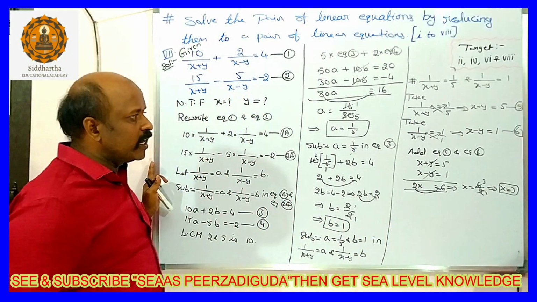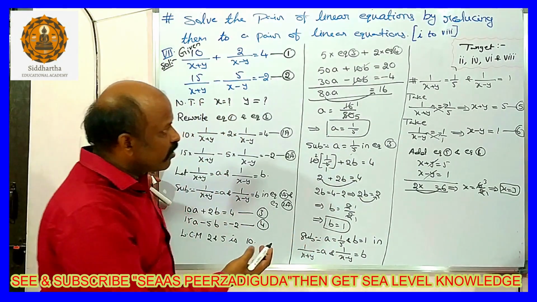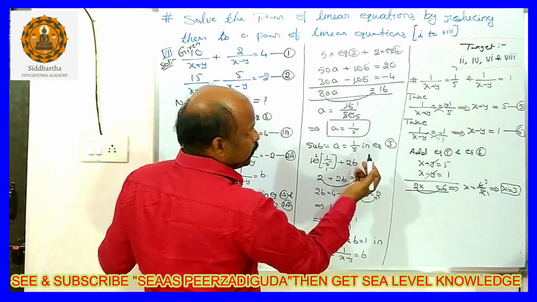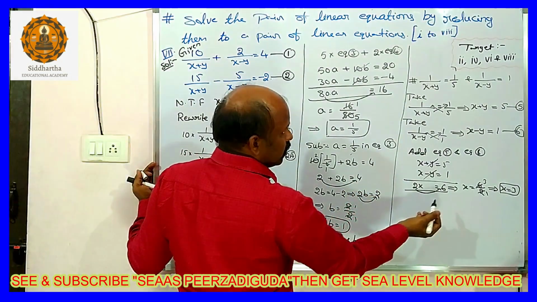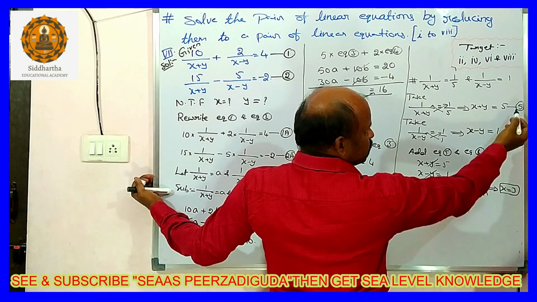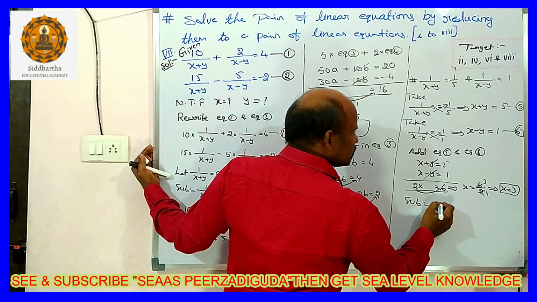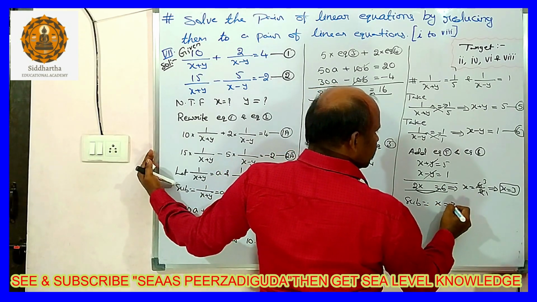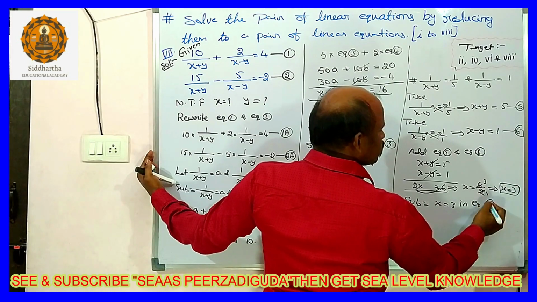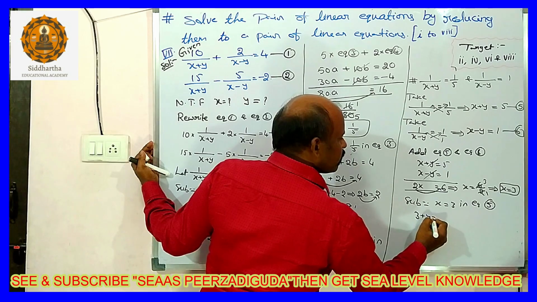Substitute that x value in equation number 5 or 6, wherever you substitute x value, you can substitute 5 or 6. Substitute x is equal to 3 in equation number 5 or 6. I am going to substitute in 5, x value 3 plus y is equal to 5.